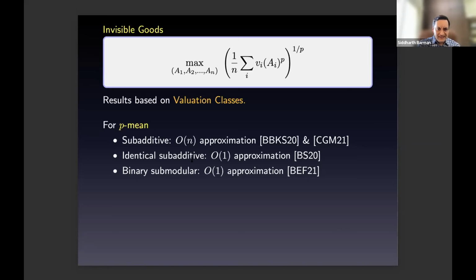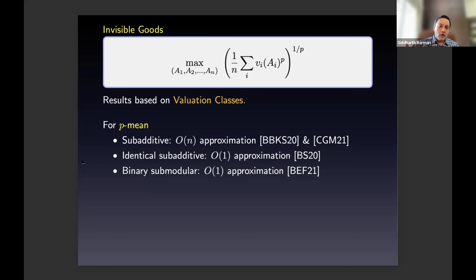And if you think this is not a great approximation factor, here are my two defenses. First, we actually show this is tight in a standard oracle model. In this setup, I can't really spell out the entire valuation, like, for this subset this is the value, for that subset that is the value. That's an exponentially big input.